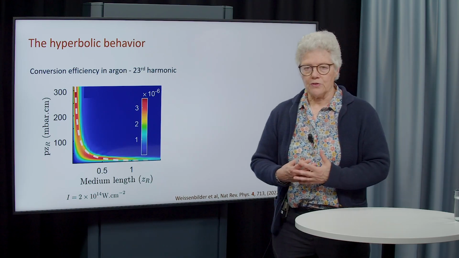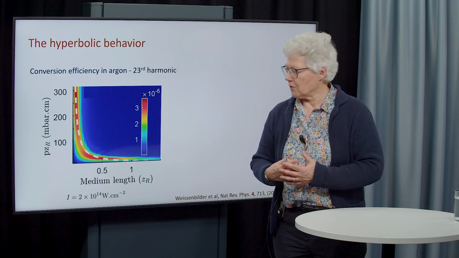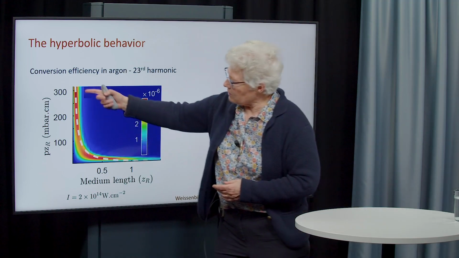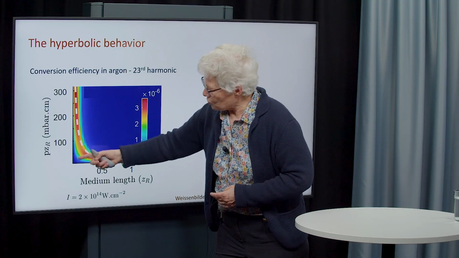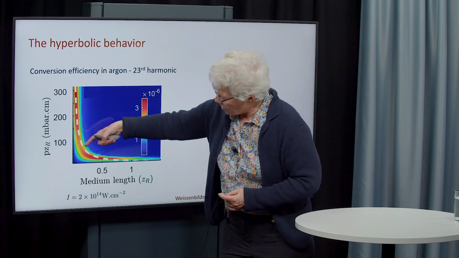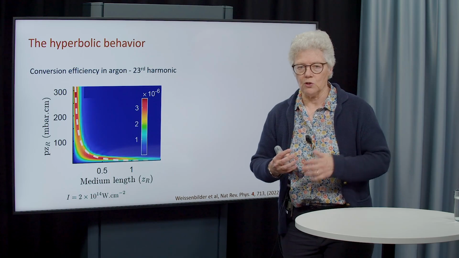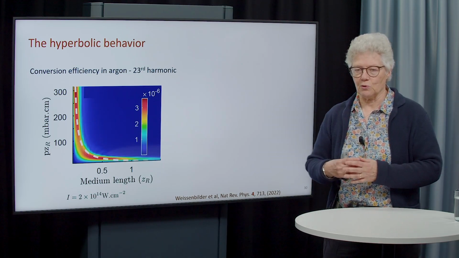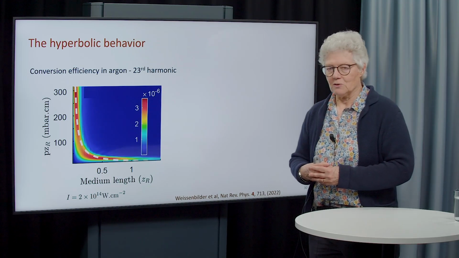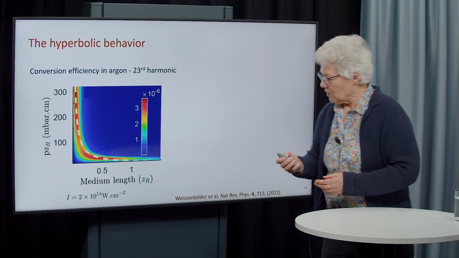So in other words, it's possible to generate high order harmonics with approximately the same efficiency using either high pressure and short medium lengths, or low pressure and long medium lengths. You can reach similar intensity. This really shows that this process is very universal. It can take place in very different types of conditions.